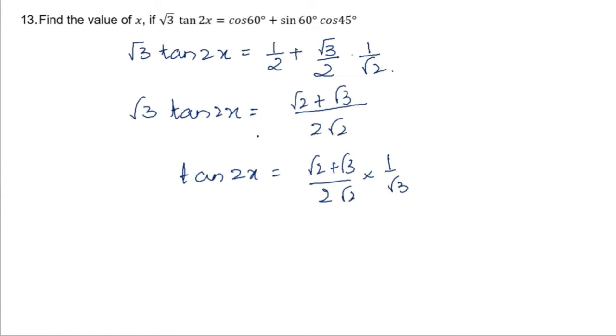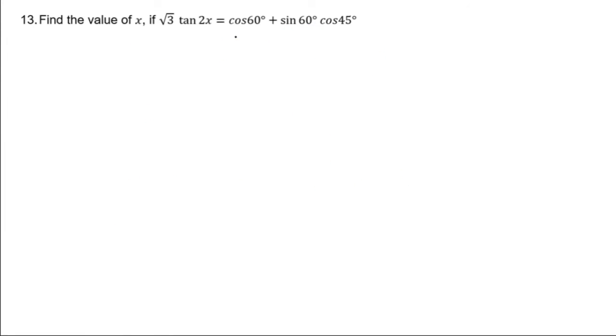The question has to be, say, sin 45 degree. Suppose I change the question, there is a printing error in the question. If it is sin 45 degree, then root 3 tan 2x is equal to cos 60, which is 1 by 2, plus 1 by root 2 into 1 by root 2.